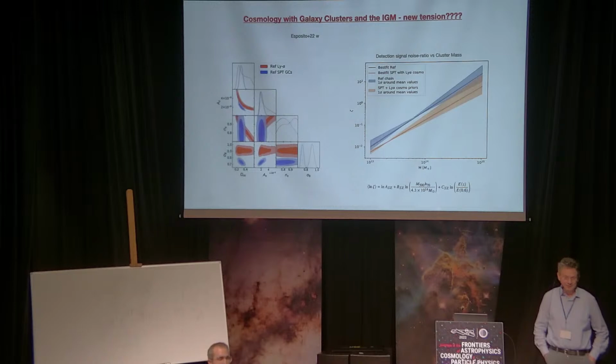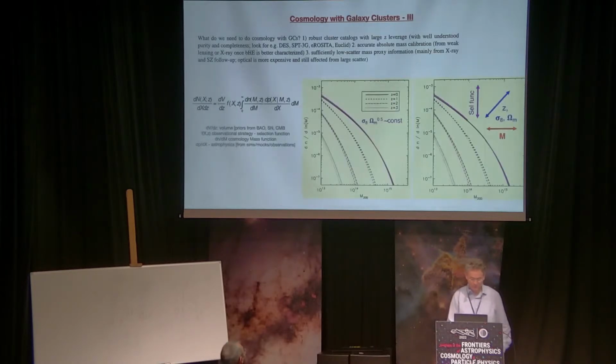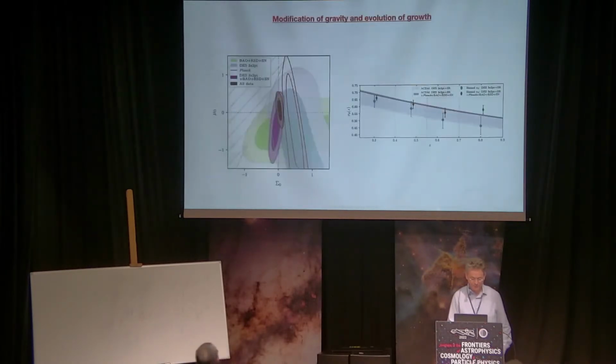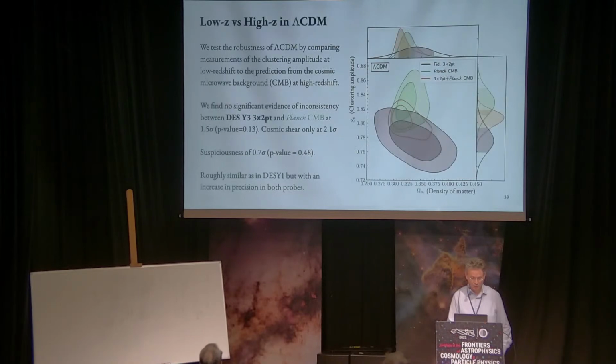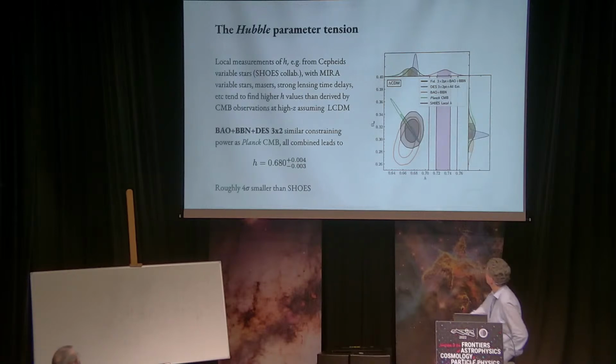Okay, so I have a question about the constraint on H naught that you showed. From what? From the time delays or from the weak lensing? It was BAO combined with weak lensing, combined with BBN priors. Maybe this one. Yes.